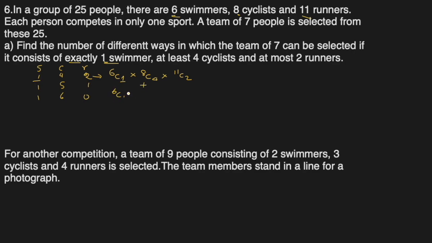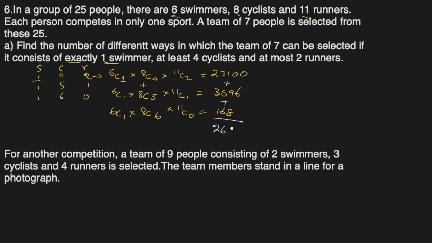So again it becomes 6C1 times 8C5 this time, times 11C1, and 6C1 times 8C6 times 11C0. Okay, and now we will evaluate them and add. And these are the numbers I get, and since they are OR, we'll have to add them, and after adding them we get 964.